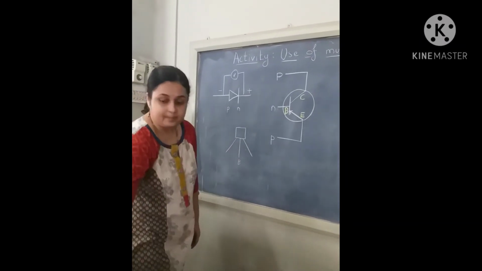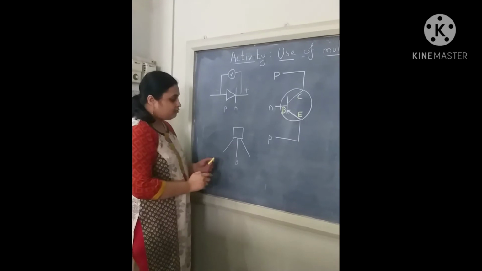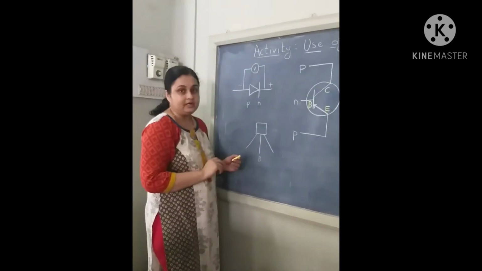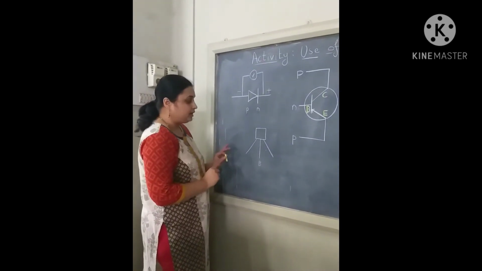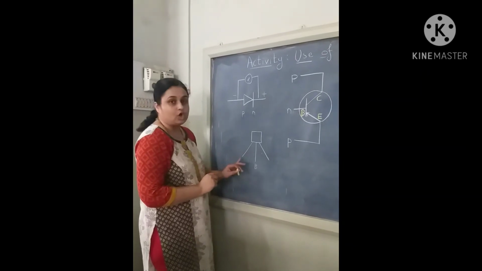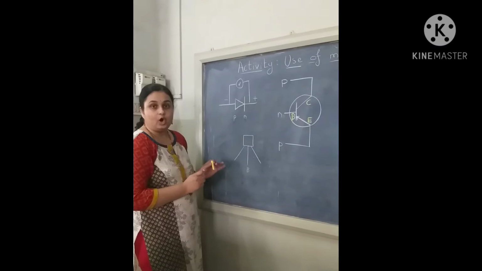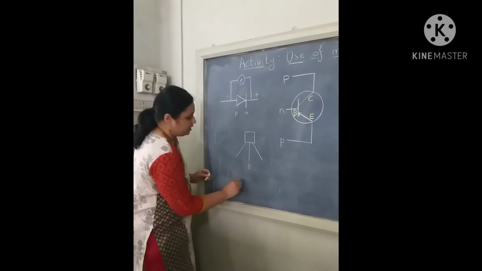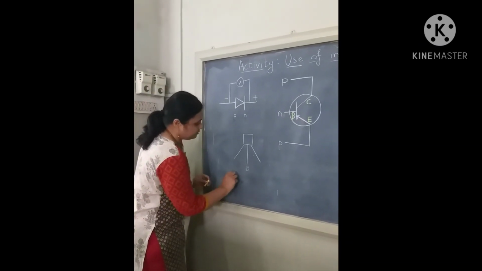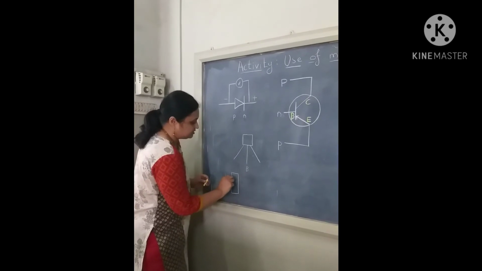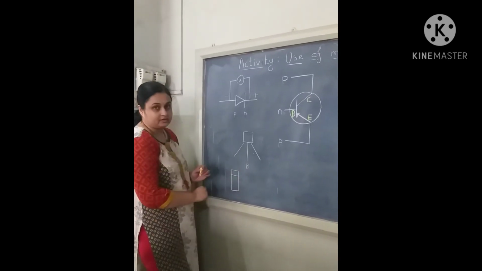Now see, suppose I connect a multimeter to these legs over here to check whether it is an NPN transistor or PNP transistor, right? Suppose this is my multimeter. I get a reading over here.